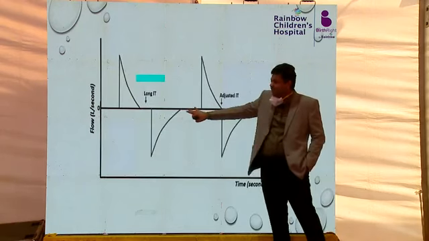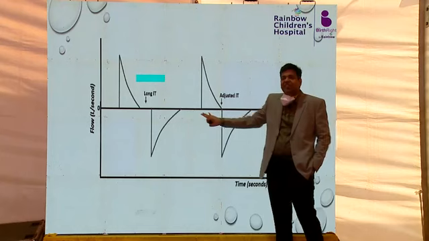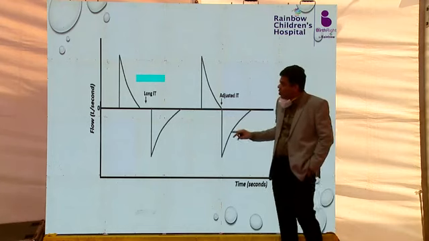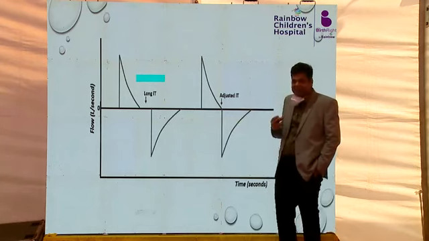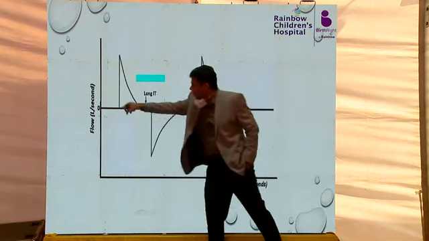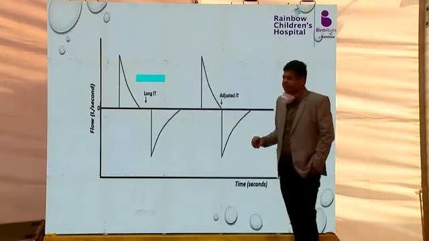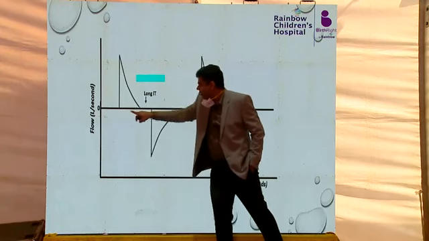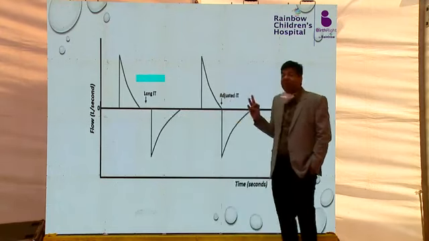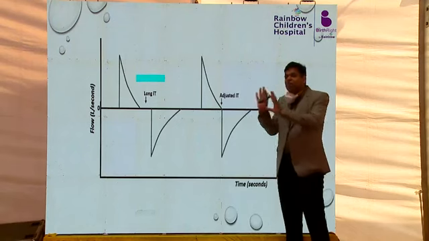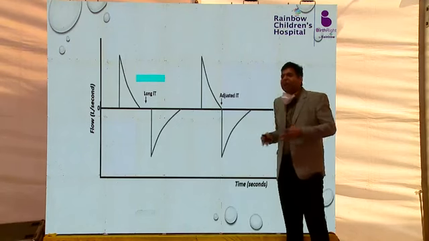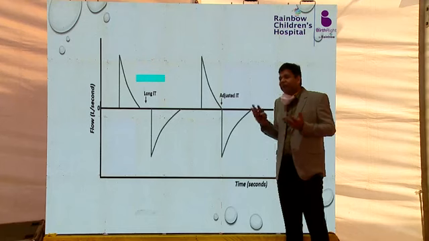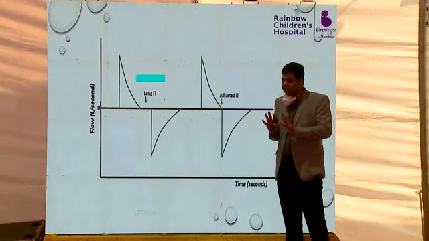Okay. So what is happening here? It's a very long TI. The inspiration of the lung is ending here, but suppose this was 0.3 and you have kept a TI of 0.5. So the machine will keep on giving pressure so that the baby can't expire. After 0.5 seconds, the baby will expire when the machine stops giving pressure.